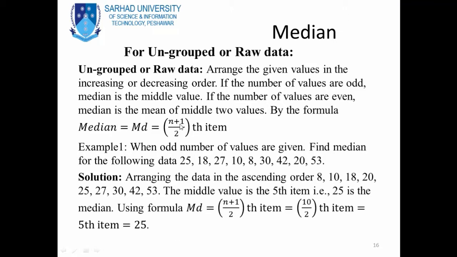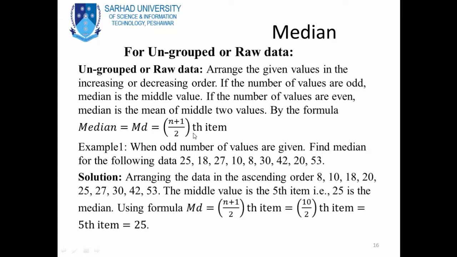And if the number of terms is even, then we can find the median position by simply n divided by 2. This formula represents the position of the median value, the position of the center value.